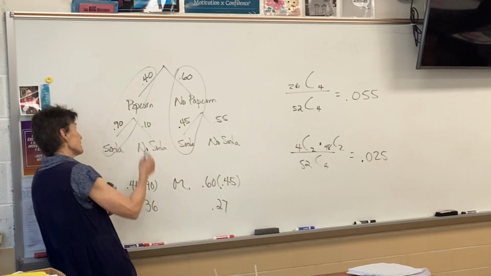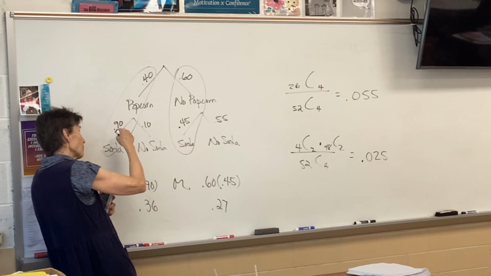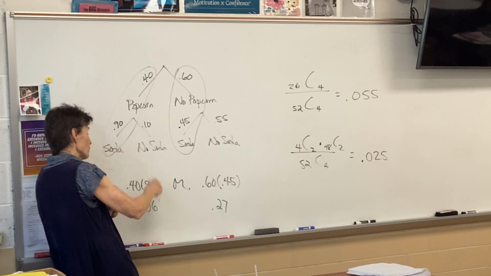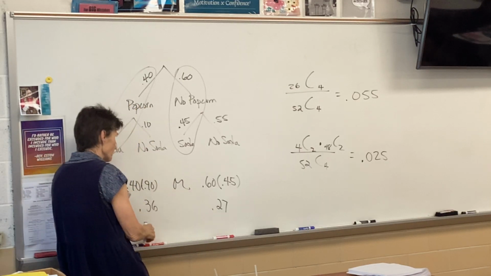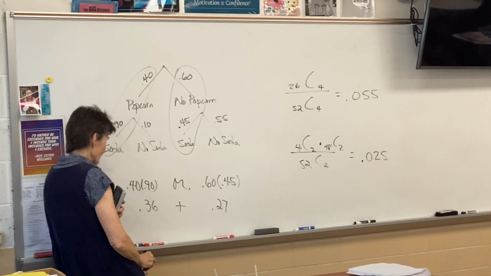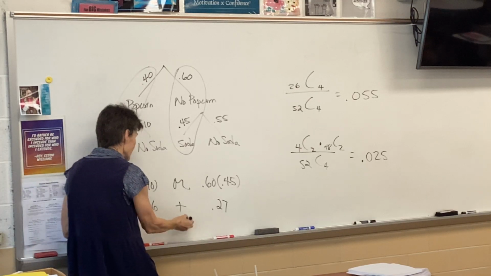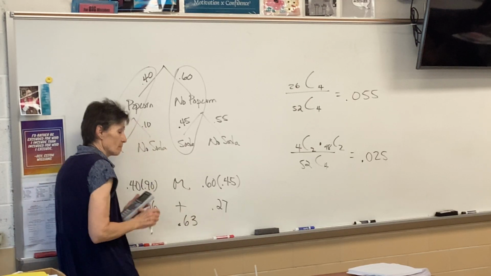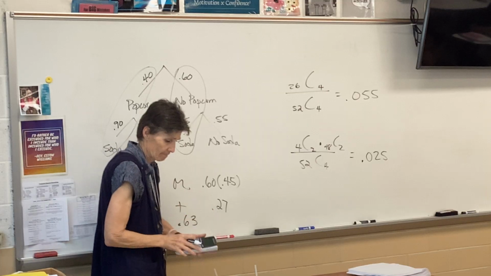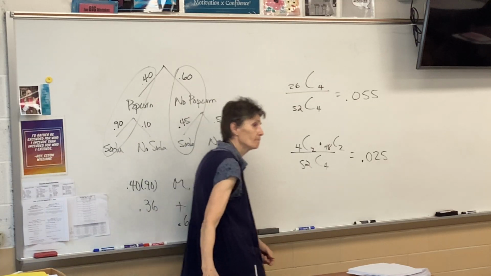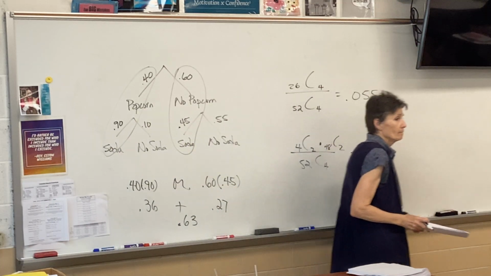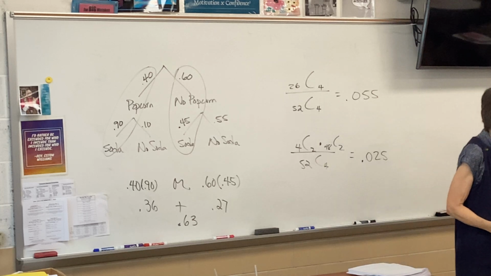And then, since it's either popcorn and soda or no popcorn and soda, what do I do with these two numbers? Add them together. And what is that, 0.63? Is that all right with everybody?